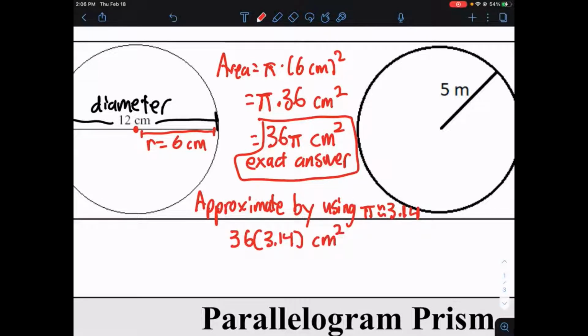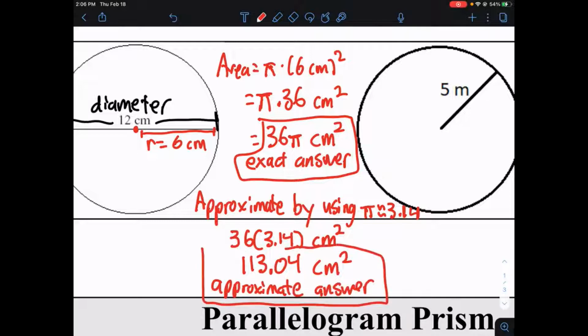Okay, and let me just do this with a calculator. Every year, a lot of students get these two things mixed up. So please carefully look through and make sure you understand: when you leave the pi symbol there, that's exact.